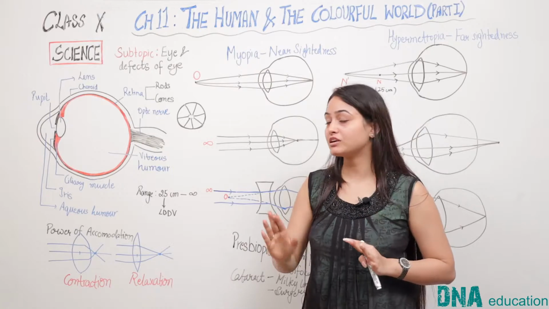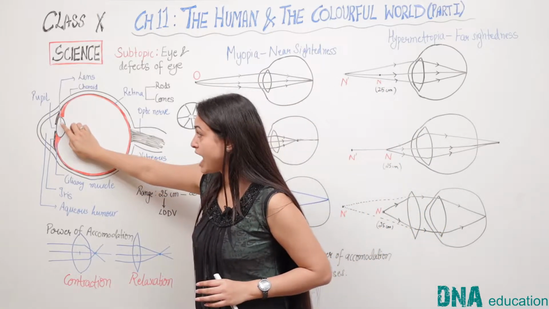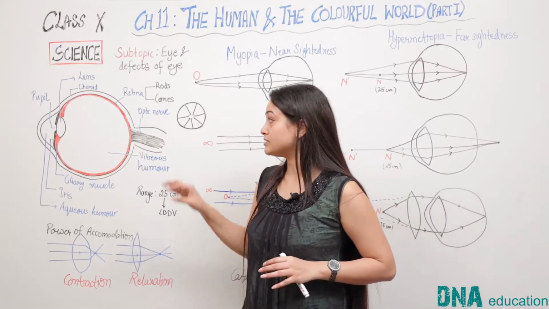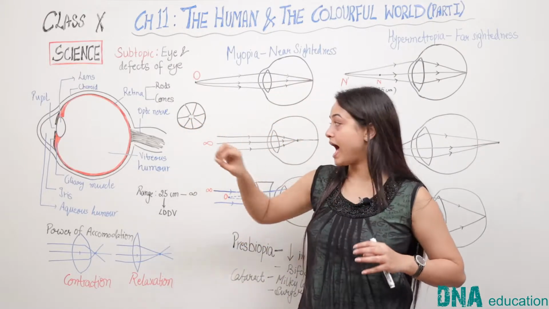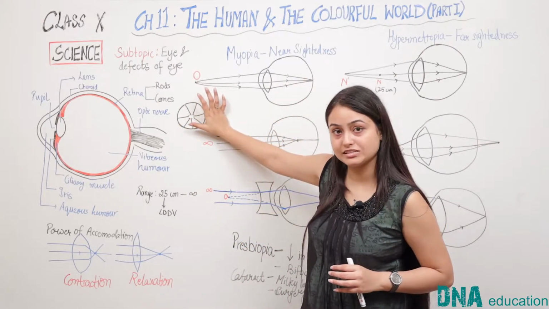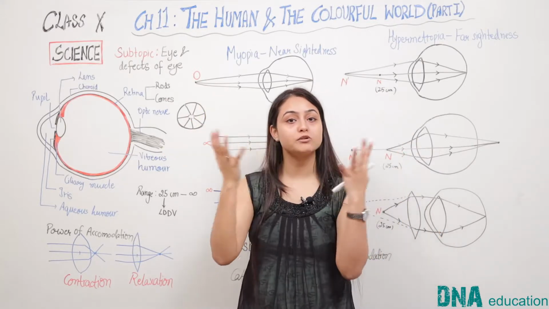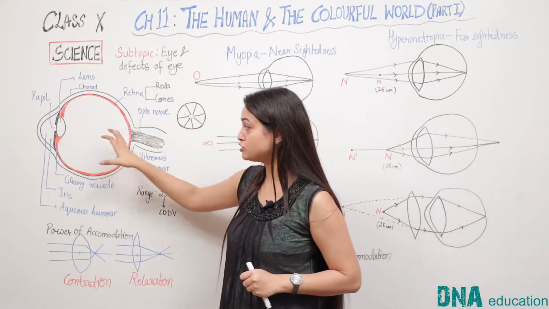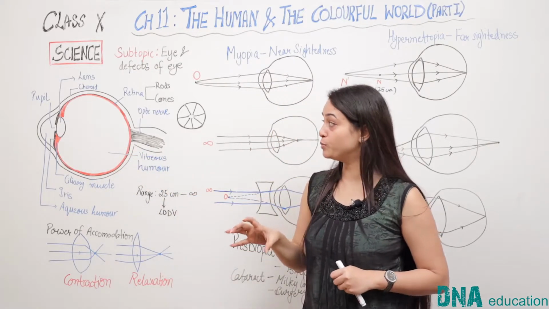Only sufficient light enters into our eyes. And similarly, when there is dark or dim light, then the iris muscles relax and the size of the pupil increases so that it allows more and more light to enter our eyes to enable vision. So this is the function of the iris combined with the pupil.